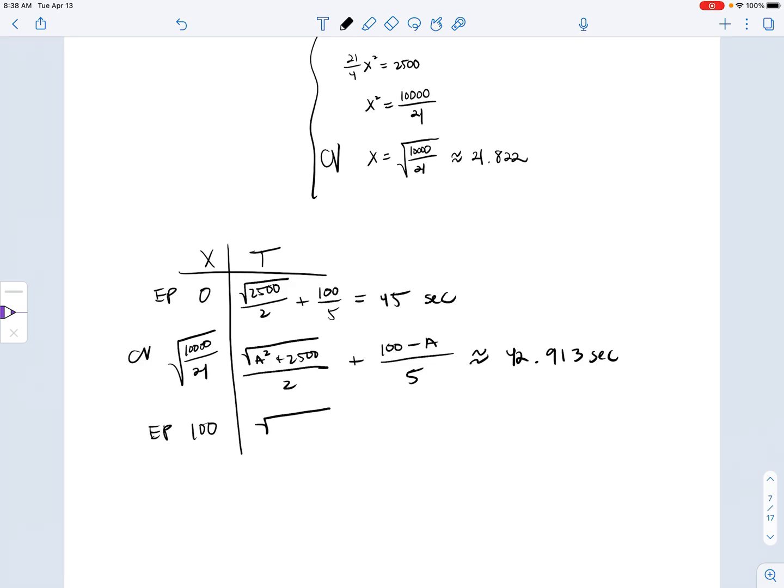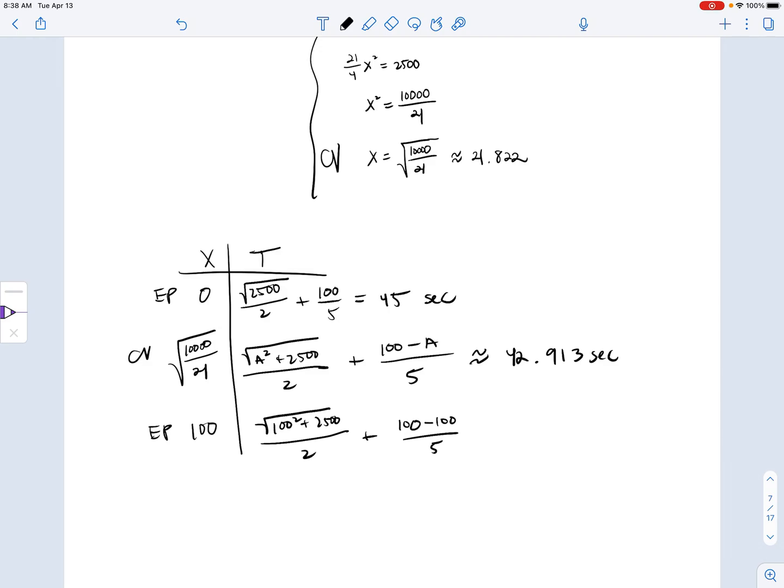And then plugging 100 in. Well, that would be 100 minus 100, which is 0.